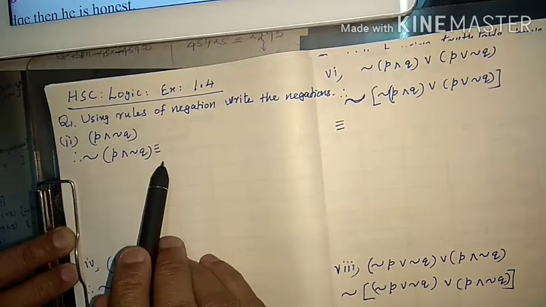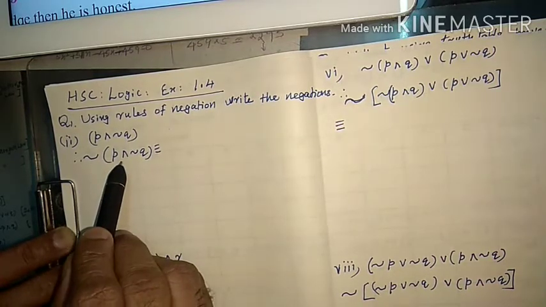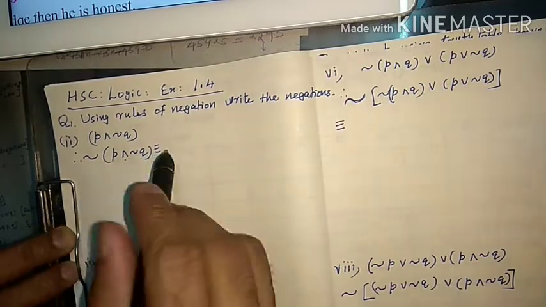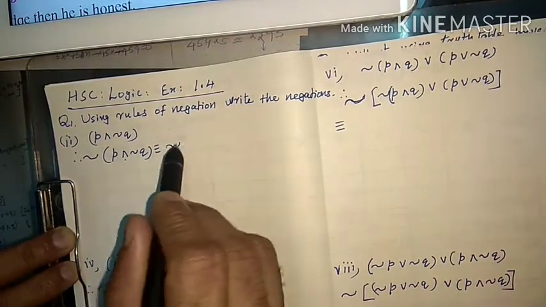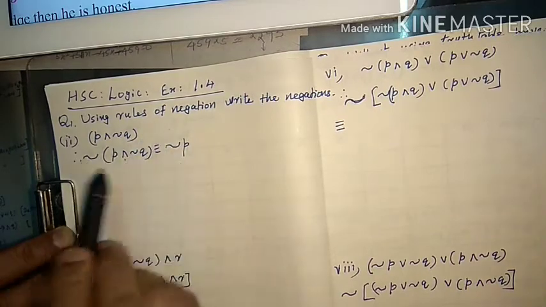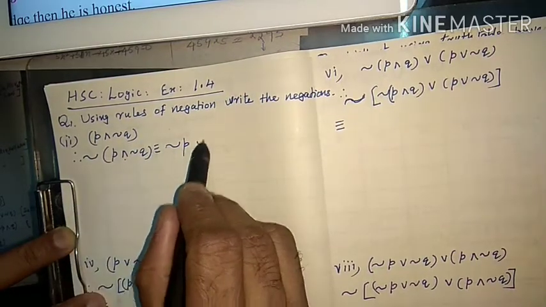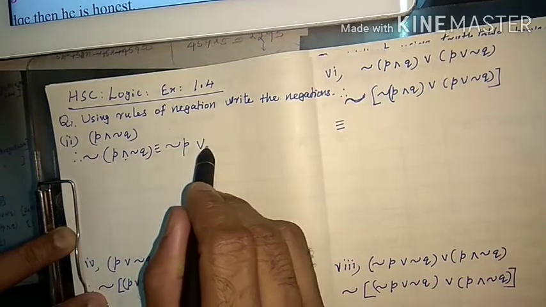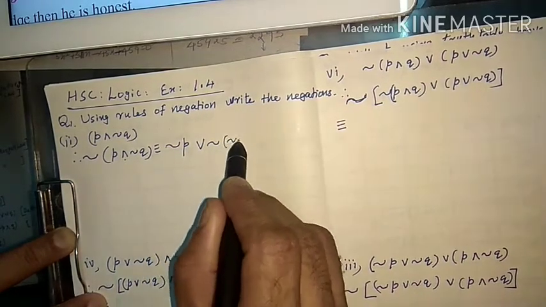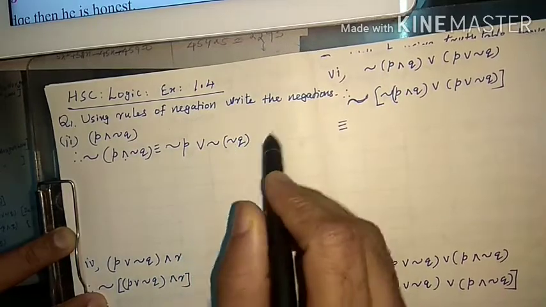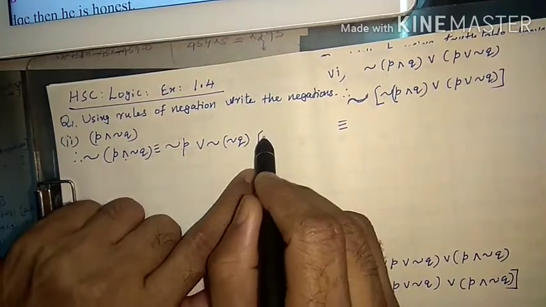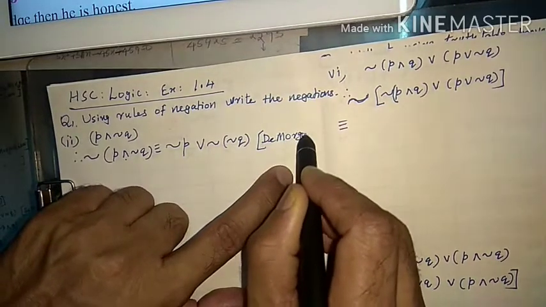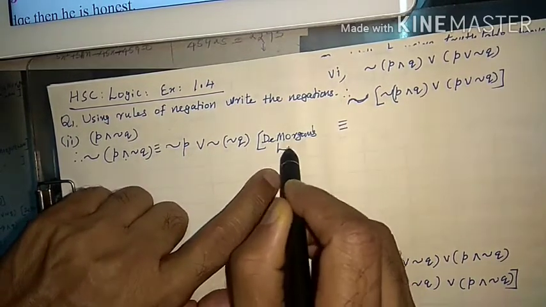This is equivalent to, see here, conjunction. So we use De Morgan's law. Negation of the first P, conjunction becomes disjunction. Negation of the second one also. Negation of negation Q. What is the theorem here we are using? De Morgan's law.